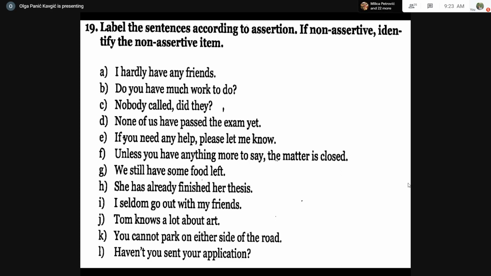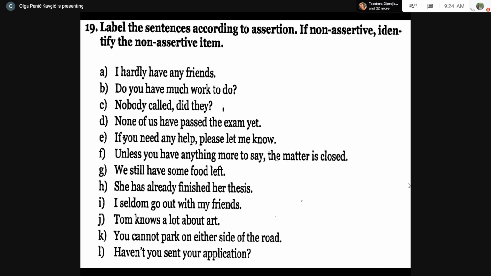Cannot and either. By the way, how would you make it positive declarative? What would be the assertive opposite of this? You can park on either side of the road. But then it couldn't be either, you see? It could be in one of the meanings, but if you want to make it completely opposite, then you would say you can park on both sides of the road. Yes, good. Thank you.